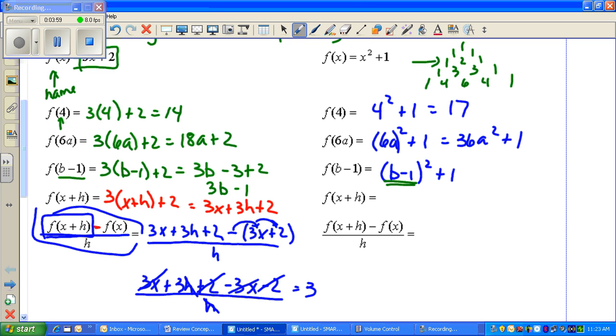So it's going to be b squared minus 2b plus 1, plus 1. This is the expansion of b minus 1 times b minus 1. I could have taken b minus 1 times b minus 1 and used my distributive property and also got the same result.